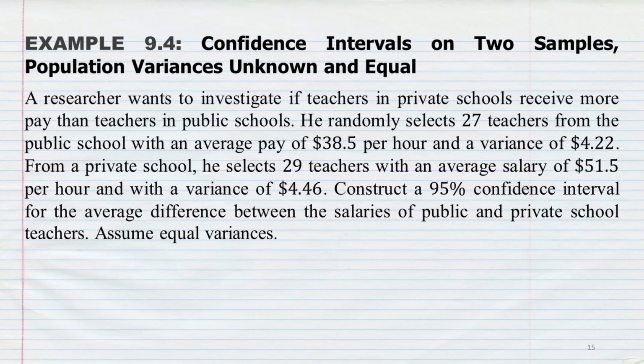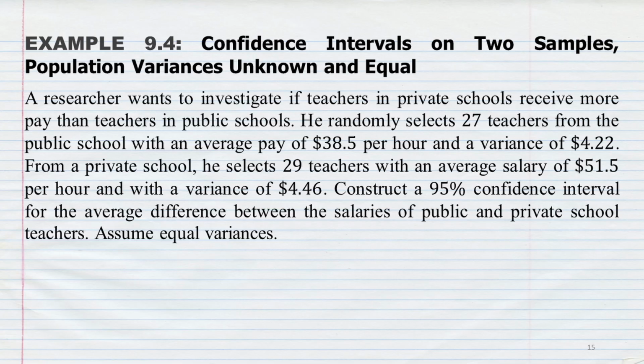Let's do an example on confidence intervals on two samples. Population variances unknown and equal. A researcher wants to investigate if teachers in private schools receive more pay than teachers in public schools. He randomly selects 27 teachers from the public school with an average pay of $38.5 per hour and a variance of 4.22.